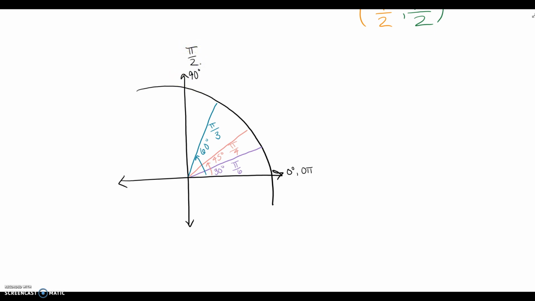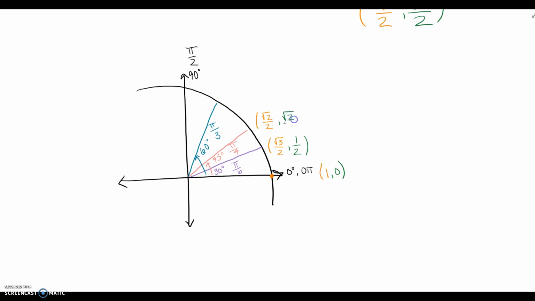Well, the coordinates over here at 0 degrees or 0 pi, well, what's my x distance? It's 1. And what's my y distance? 0. And then we just went over this. So my x distance at 30 degrees is root 3 over 2. The y value, 1/2. At 45 degrees, root 2 over 2.